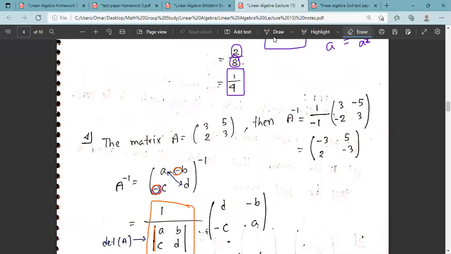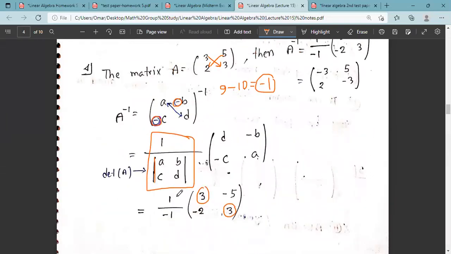So how do we calculate the determinant? The determinant is a value, so you multiply this way from upside down. 3 multiplied by 3 is 9, and then minus 5 multiplied by 2, that is 10. So 9 minus 10 is minus 1. So you write down here 1 by minus 1.